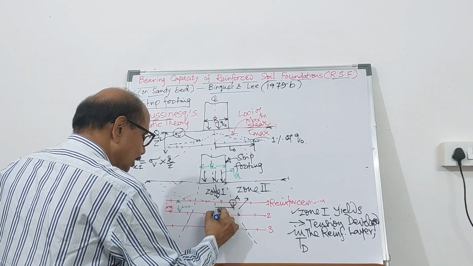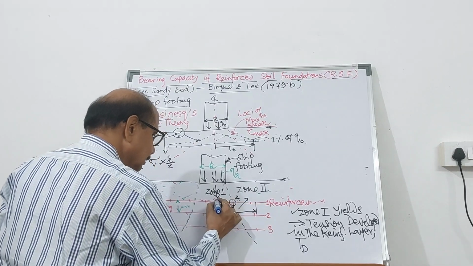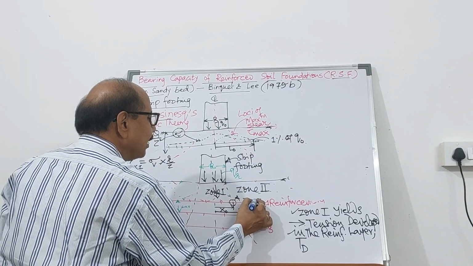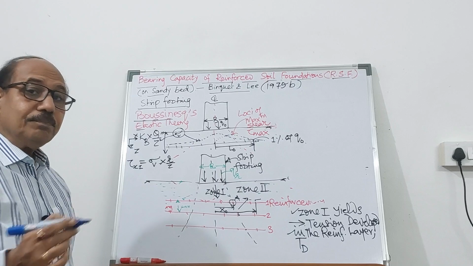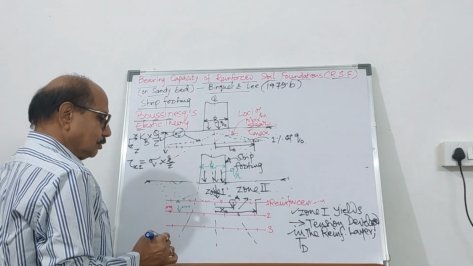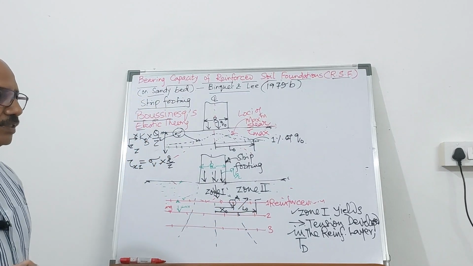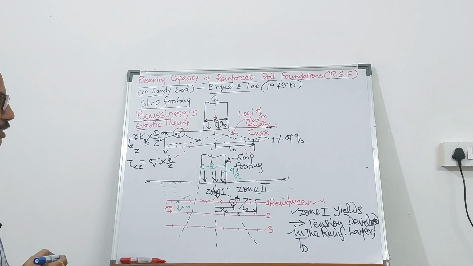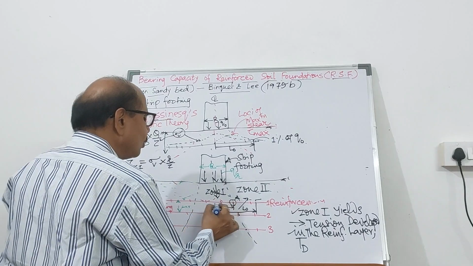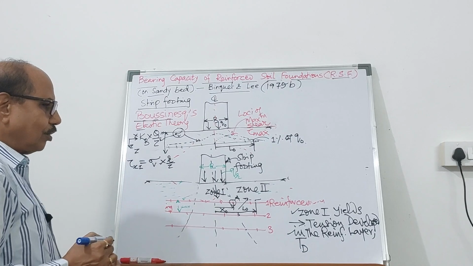L naught you can show up to here, where the vertical pressure is 1% of this value, Q naught. So this becomes L naught. Friends, I hope these points are crystal clear to all of you. So you have got the distances x naught and L naught.